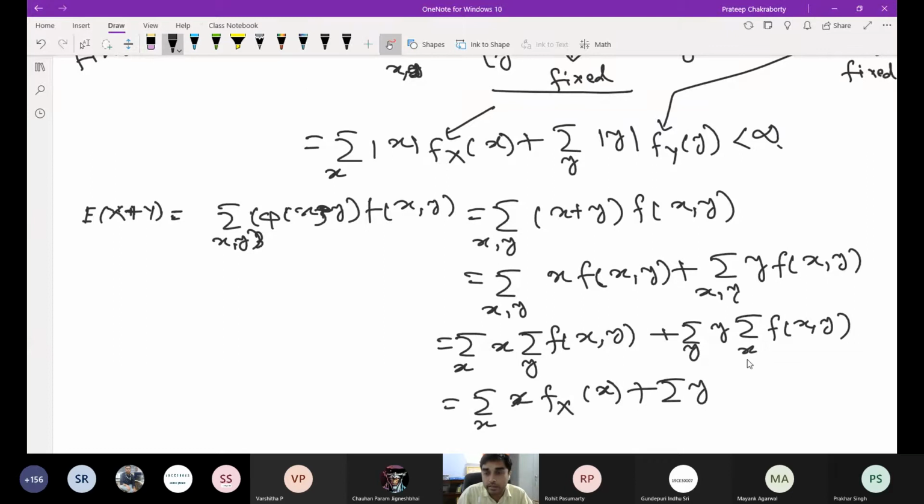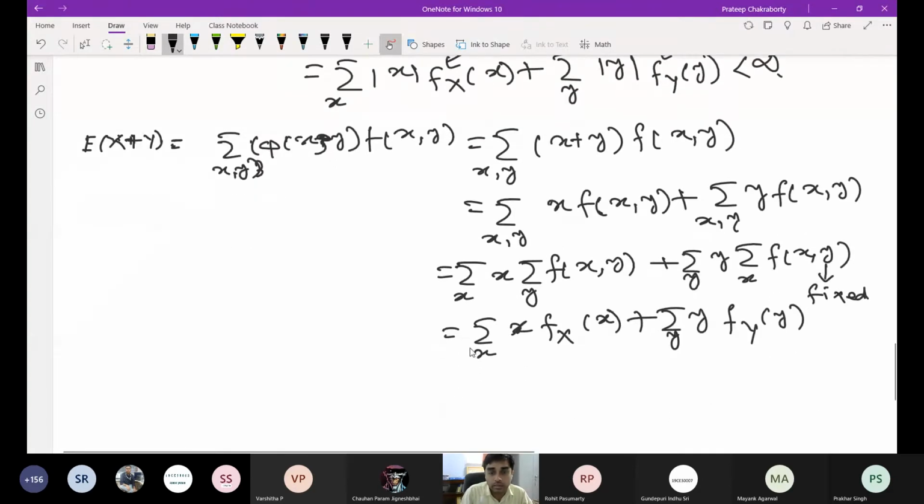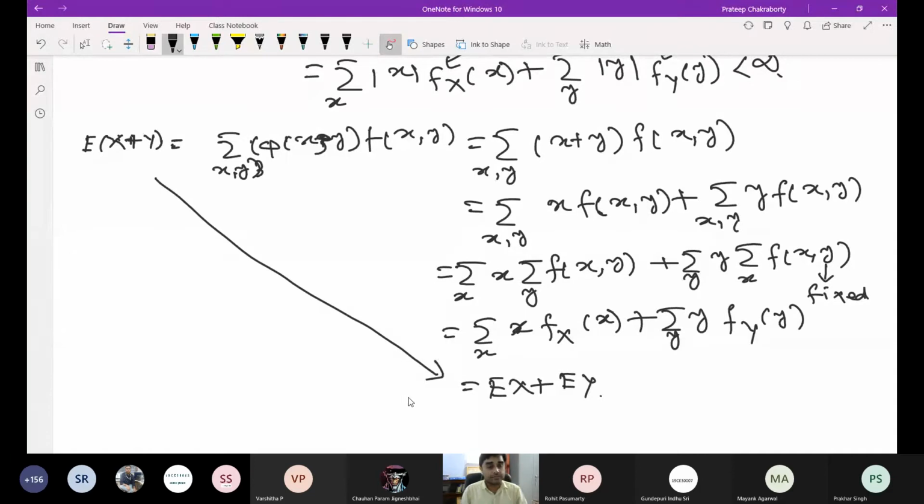Similarly here, if you fix y and vary x and take the sum of the joint density function, you will get the density function of y, and that is equal to Ex plus Ey. So E of x plus y is equal to Ex plus Ey.